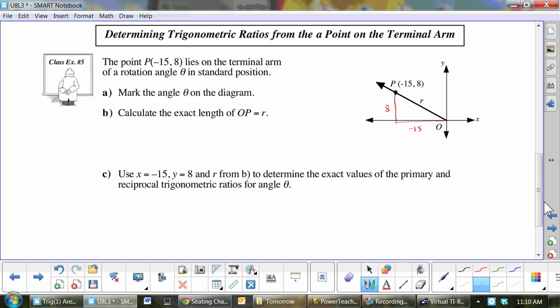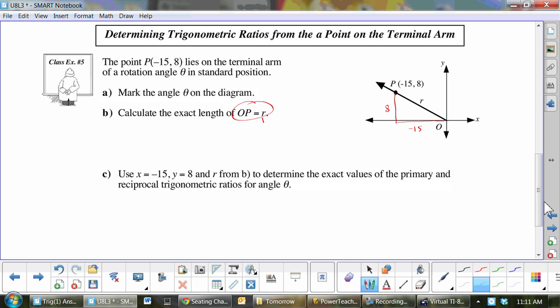Now this isn't on the unit circle, because if it was on the unit circle, r would be 1, and r isn't 1. But the first thing they ask us is, how are we going to find that length? How are we going to find r? Who's our buddy that we can use?